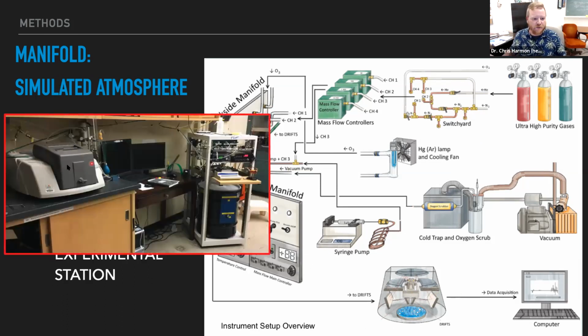And then here's a picture of the bench. So this is the FTIR. The drift cell is inside that gray box. Computers for data acquisition, and then everything you see in this picture is housed in this manifold right here. Okay, and I'm delighted to report this was all built by undergraduate students.